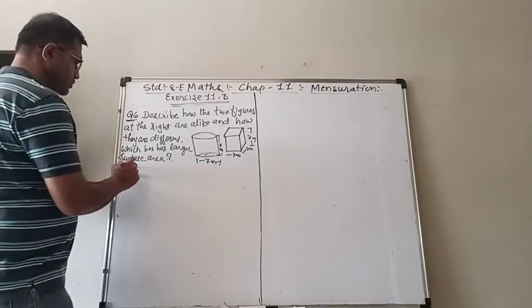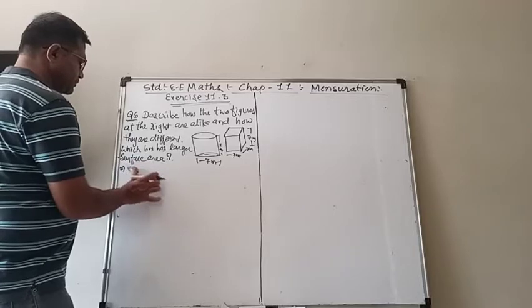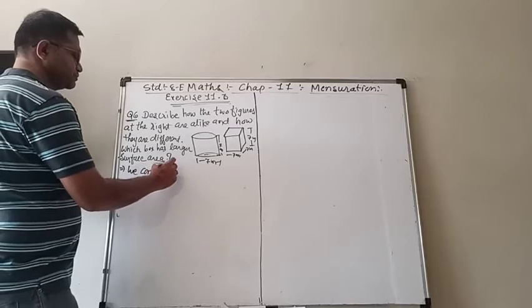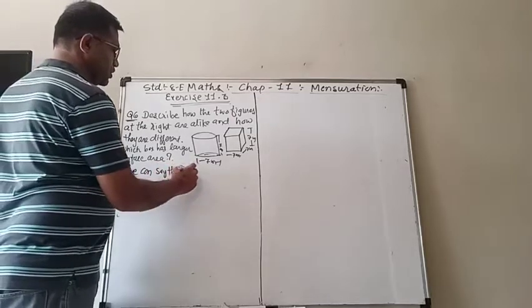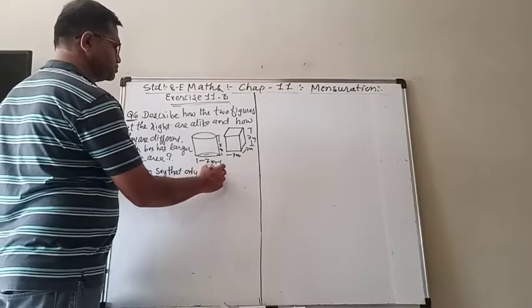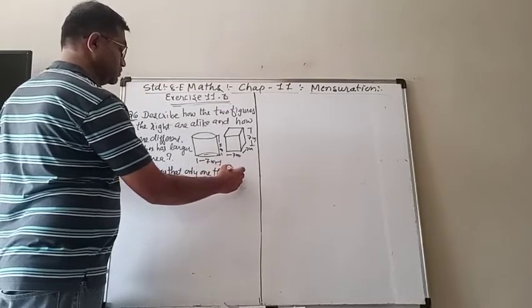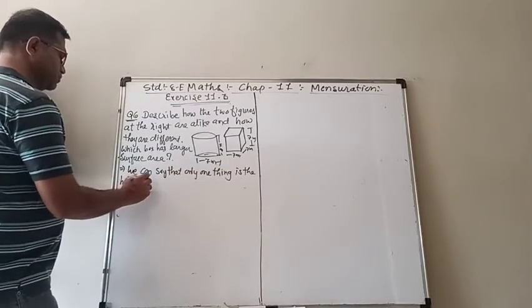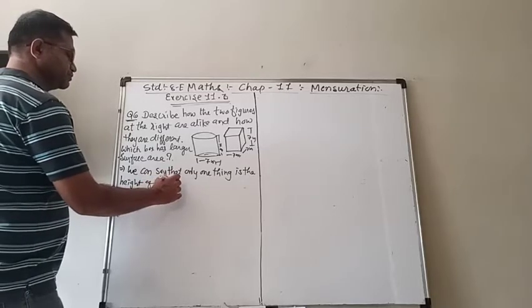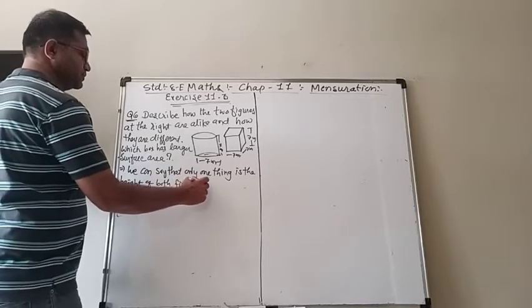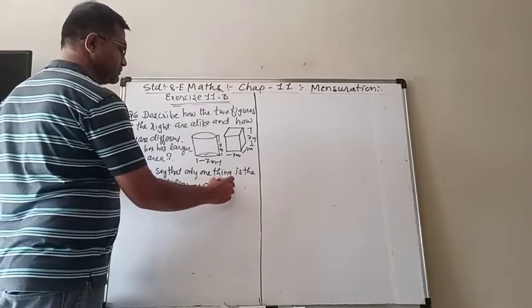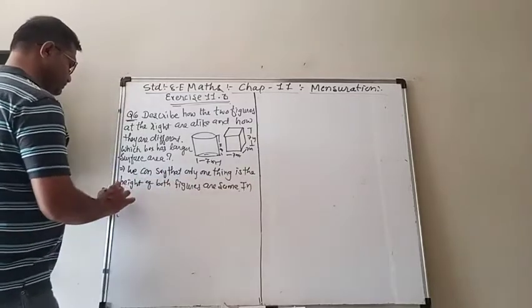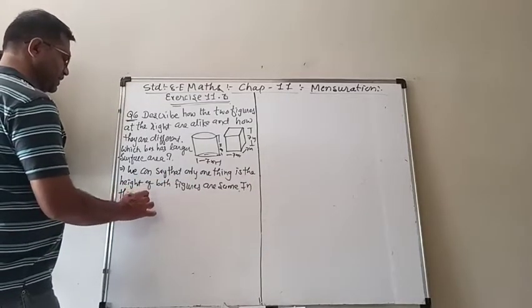So we can say that only one thing, the height of both figures, are the same. In this way, they are alike.